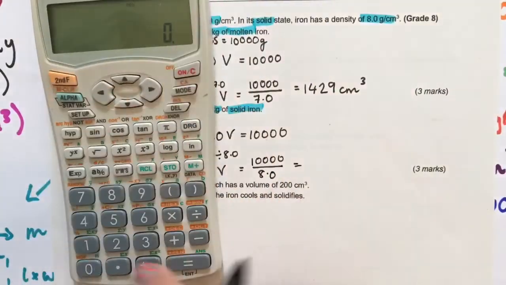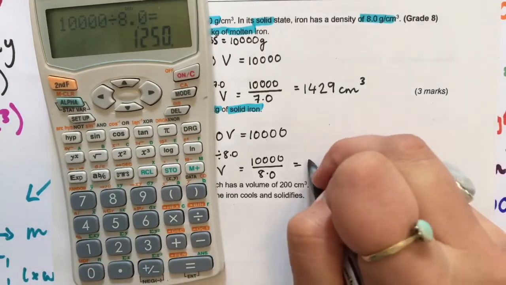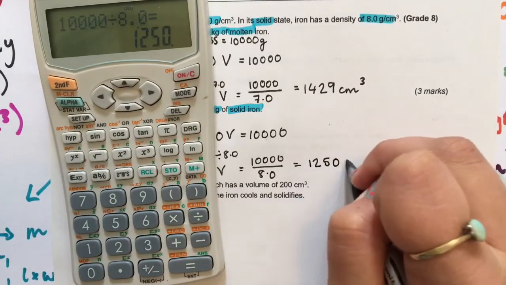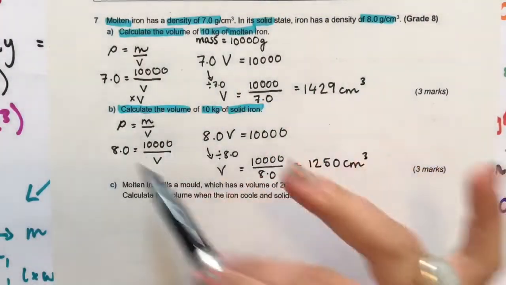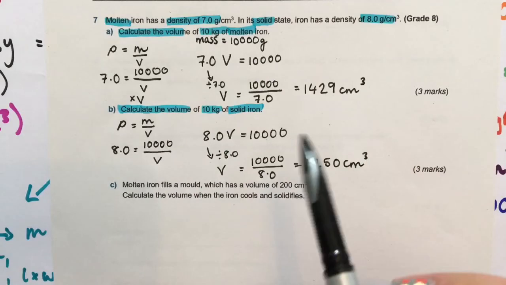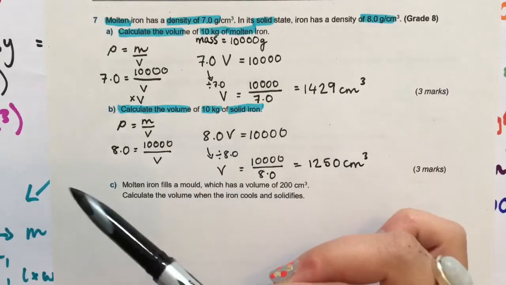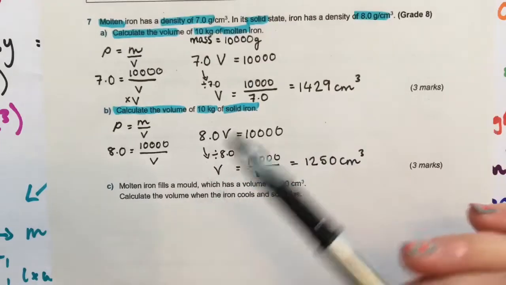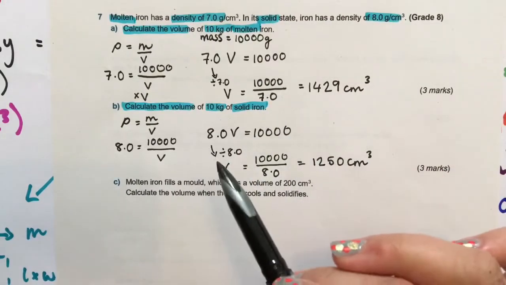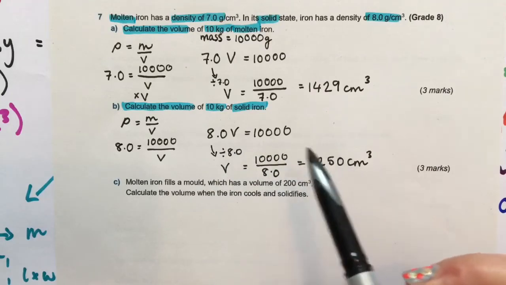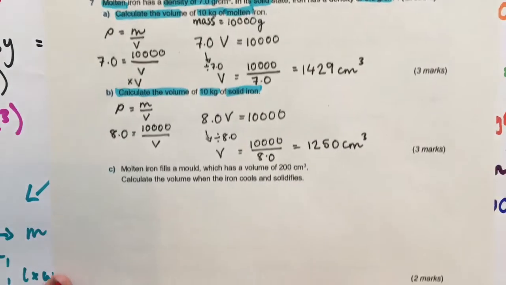So we've got 10,000 divided by 8.0, 1,250 centimetres cubed. So practicing these kinds of calculations, where it's the same sort of thing but using different numbers each time, is really helpful. It helps you to do it so frequently that you can't get it wrong. It's not about doing something until you get it right the first time. It's about practicing that skill until you can't get it wrong.